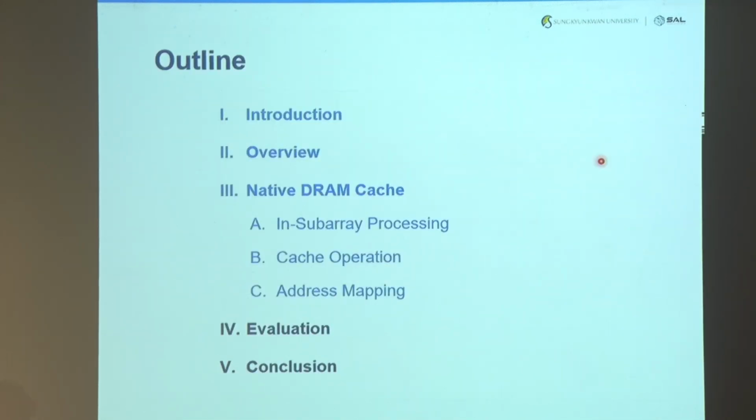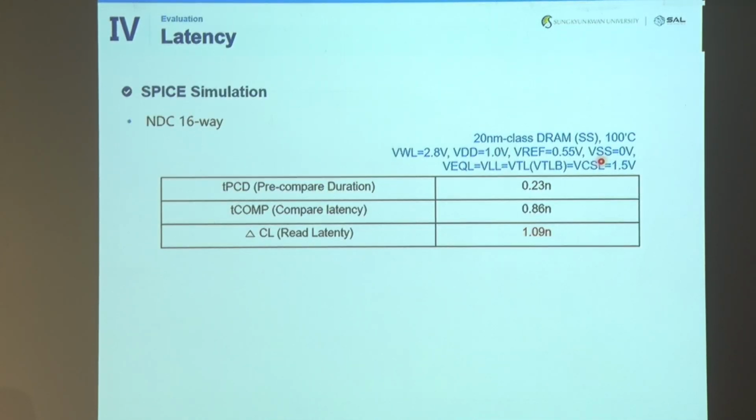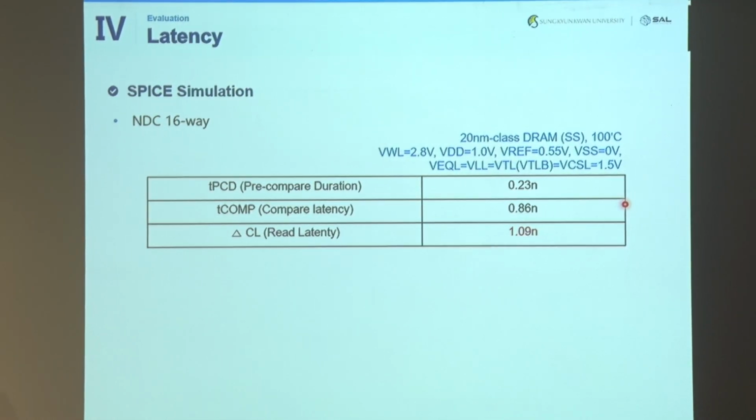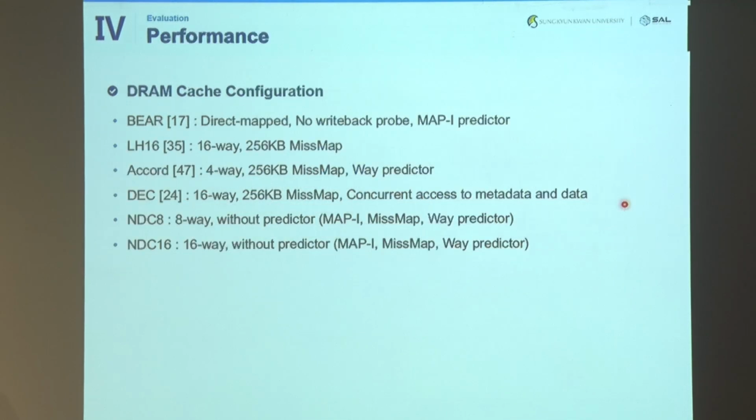Now I will break down the experimental results. We used HSpice to measure the delay caused by tag matching and way selection in NDC. Under these conditions, a 16-way NDC incurs an additional 1.09 nanoseconds of latency compared to conventional DRAM. Taking into account this latency increase, we compared the performance of a system with NDC to that of other cache models.